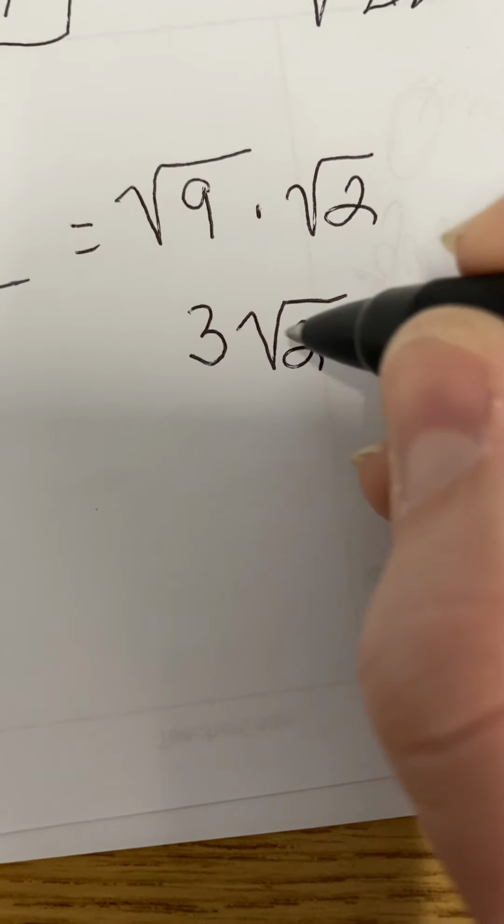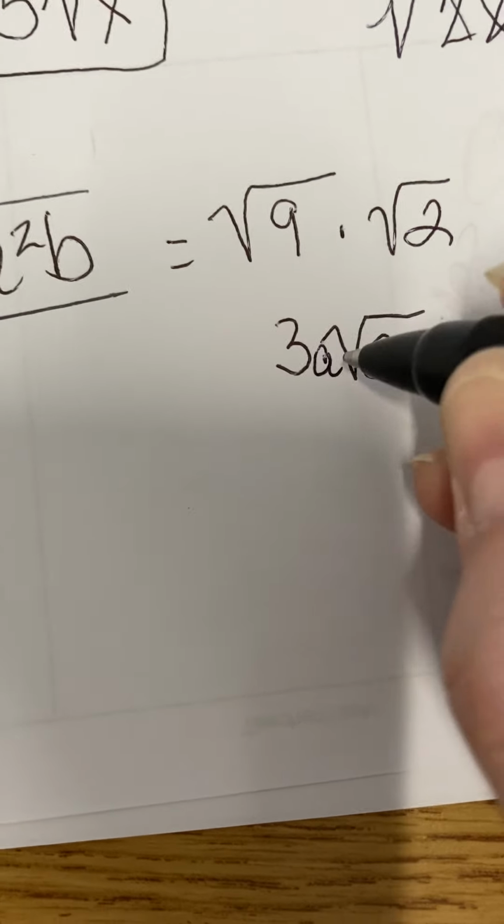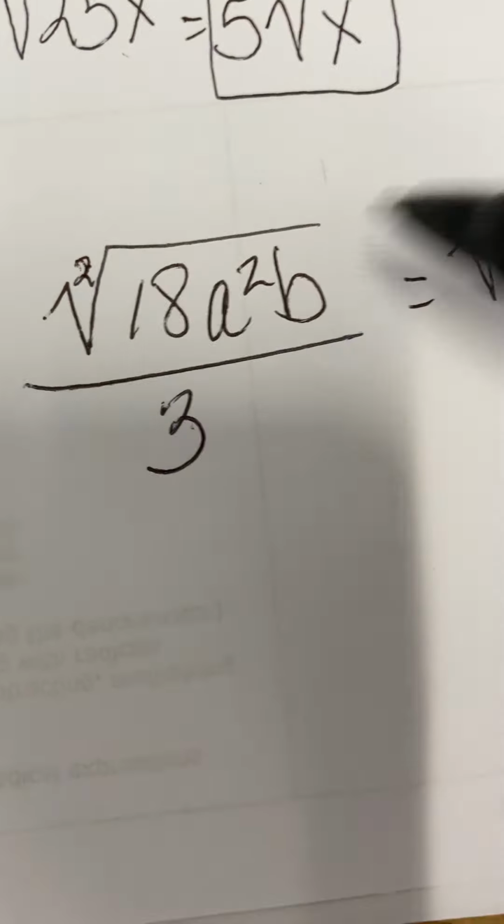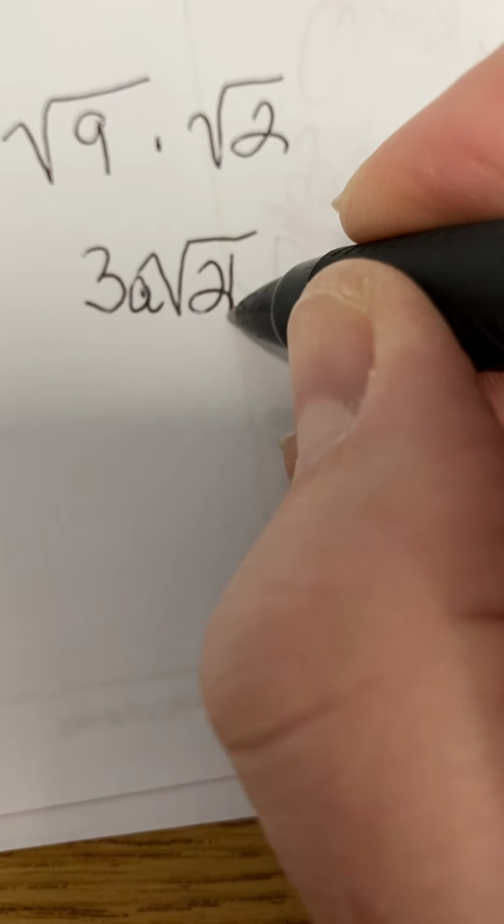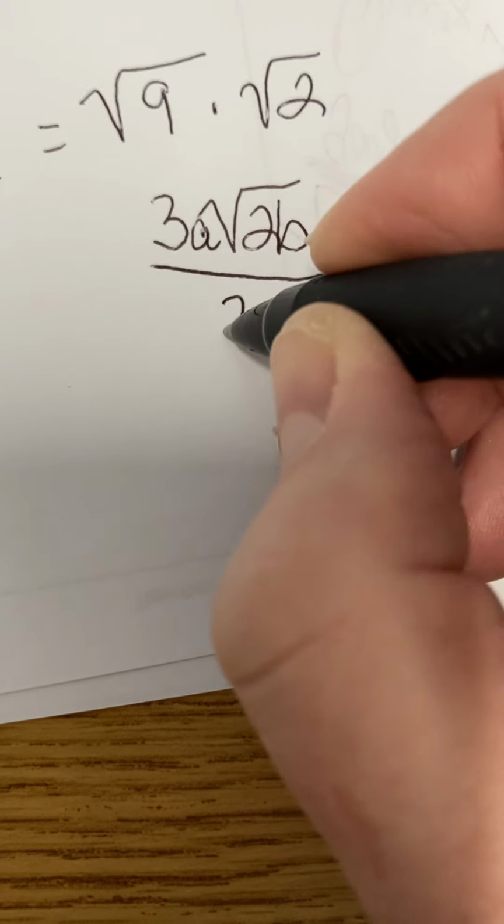Now I'm going to deal with my variables. Remember, we did this last time. Whoops, the 2 is kind of right out here. 2 divides into 2 once, so I get an a that comes out with the 3. 2 can't go into this b, so we're left with the b underneath. All right, and let's not forget we still had that 3 in the denominator. All right, so we have this.